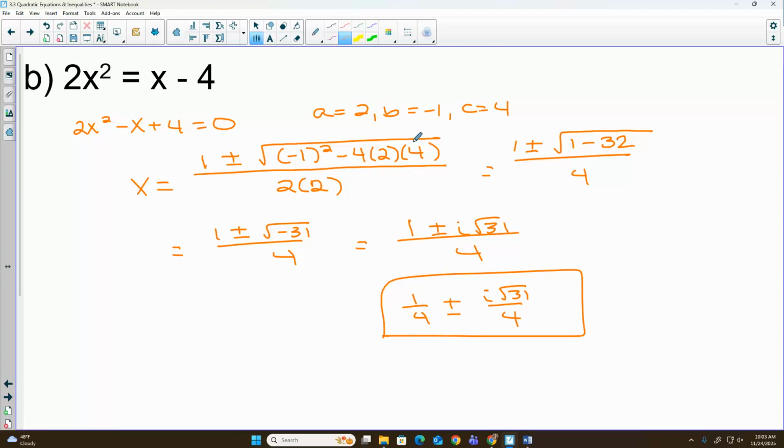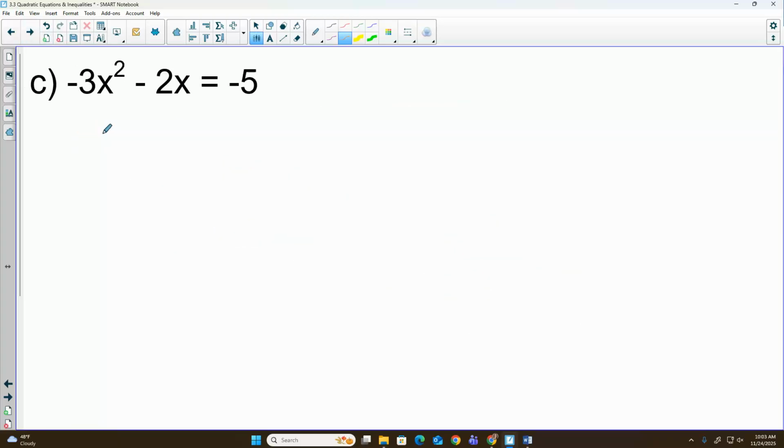I want you guys to try one. I think most of you just added over the 5. We have made 3x squared minus 2x plus 5 equals 0. So a is -3, b is -2, c is 5.